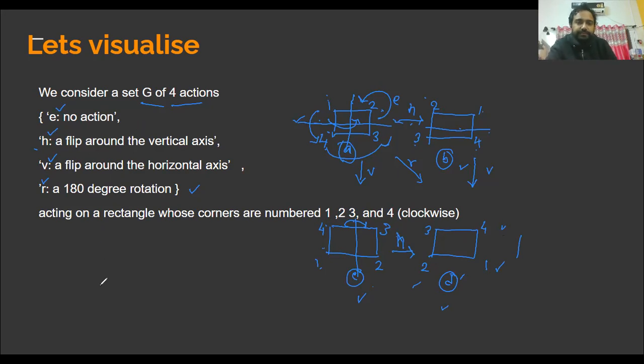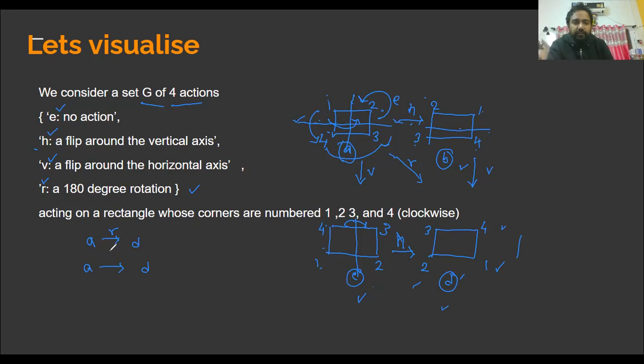Basically, this means that this action R gives us D, and D can also be got from A using a composition of, or a sequence of, actions.